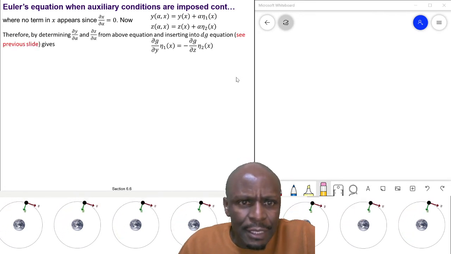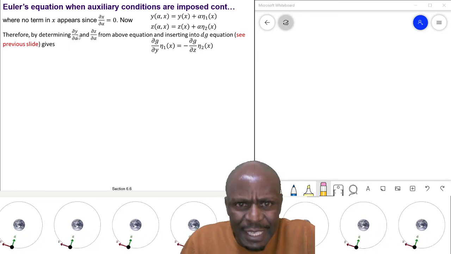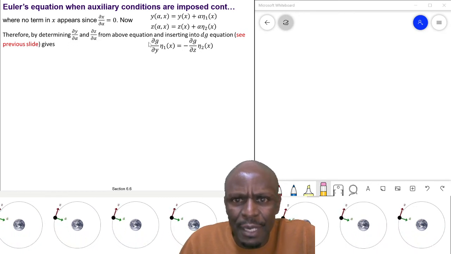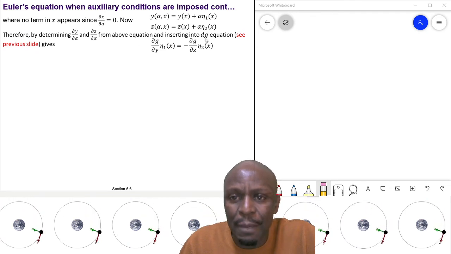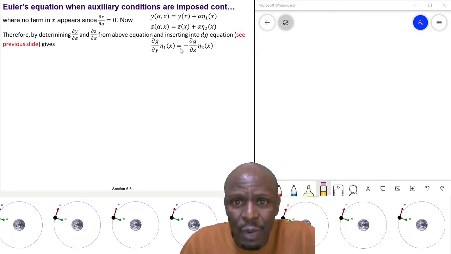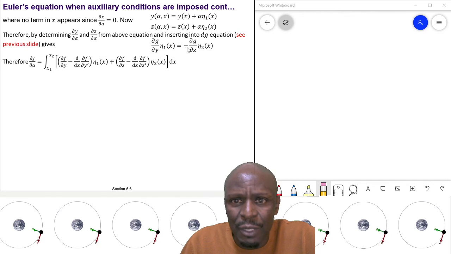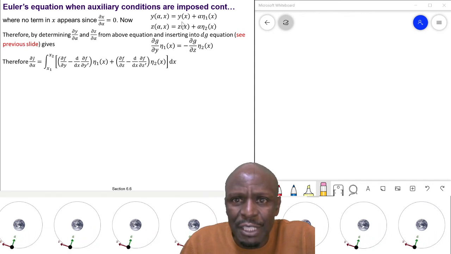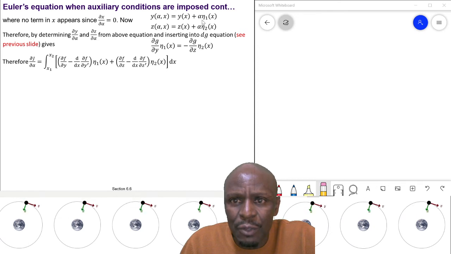Now, by determining this variation from this equation and plugging it into the dg equation from the previous slide, this is what we are going to have. For example, if you differentiate y with respect to alpha, what are you going to have?